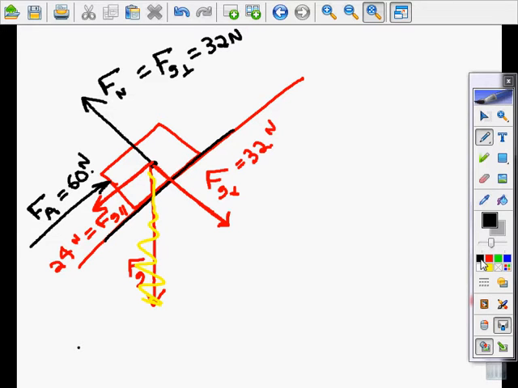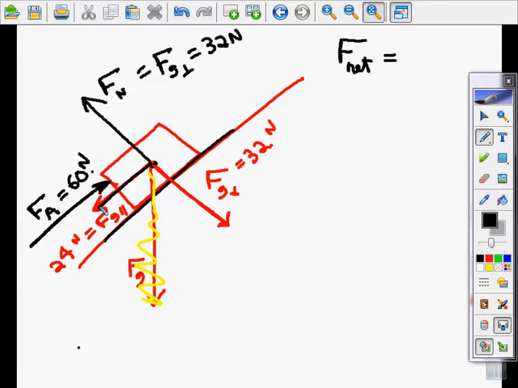And now that we have all the forces shown there, it's going to be really easy to figure out the overall net force. I see that I'm pushing it this way with 60 newtons, and Fg parallel is holding it back with 24 newtons.